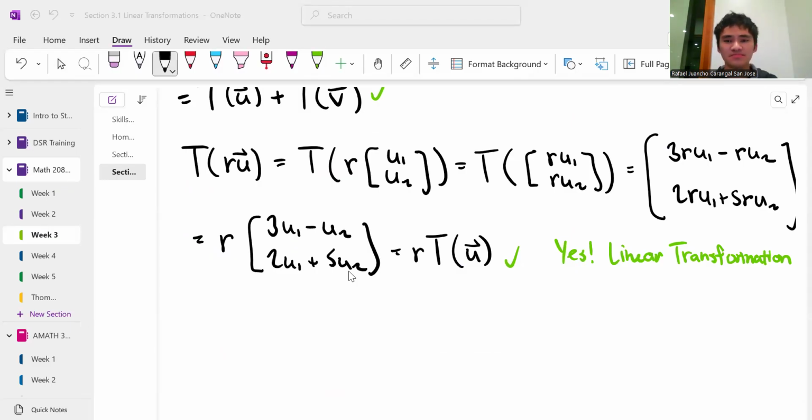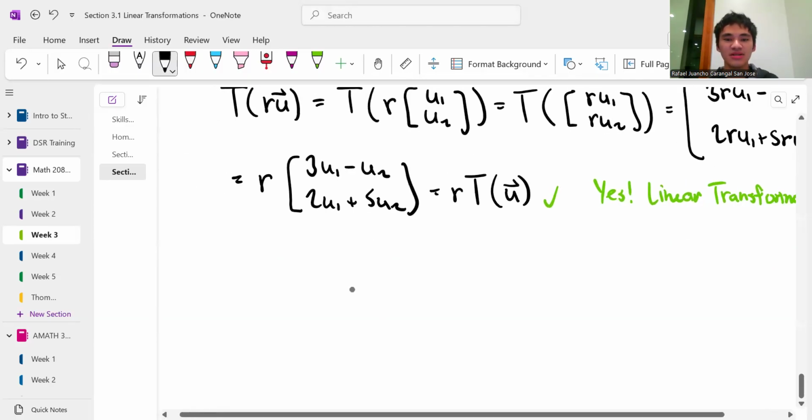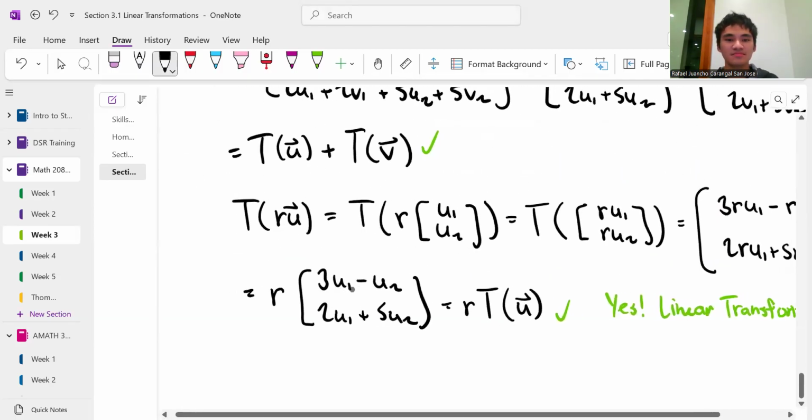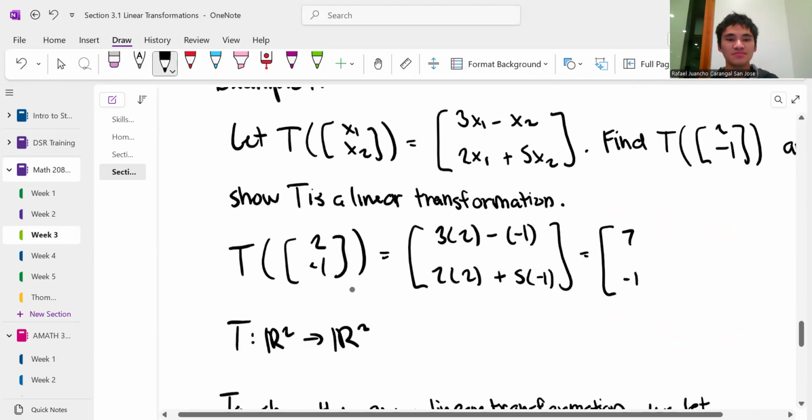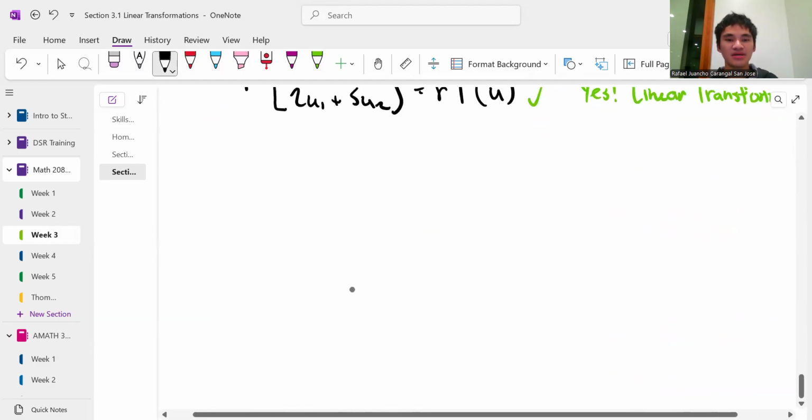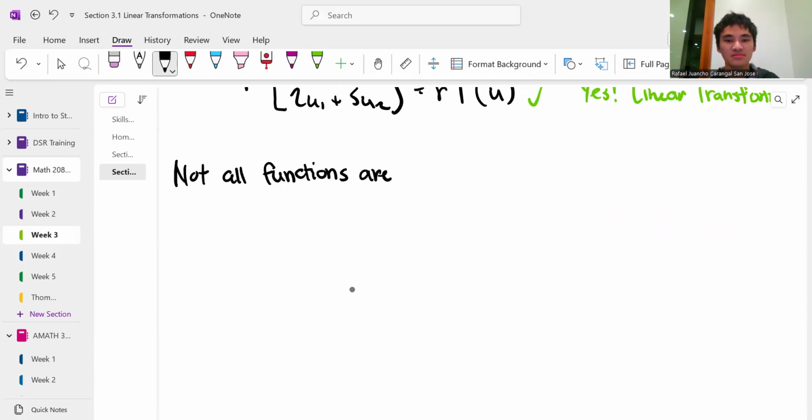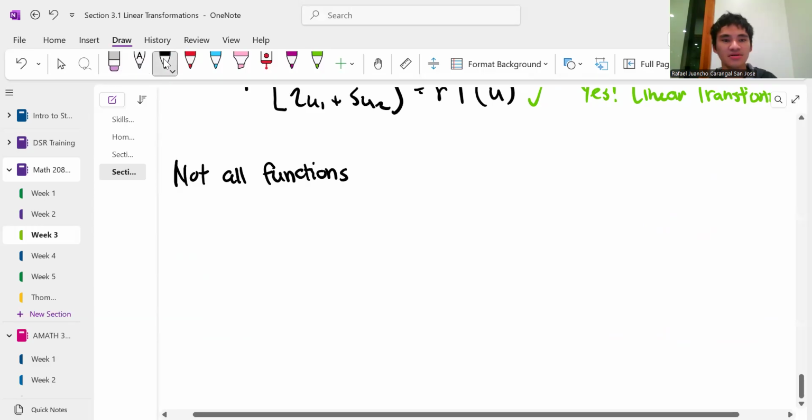Cool. Okay. Now this next example shows that not all functions are linear transformations. Here's the catch.